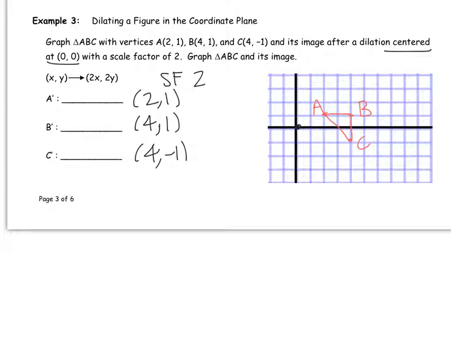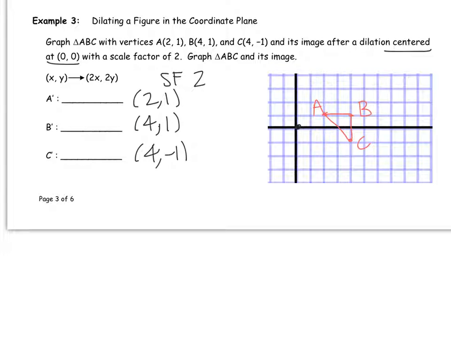All we have to do is multiply every single x value by the scale factor of 2 and multiply every single y value by 2, and that gives us our brand new points.